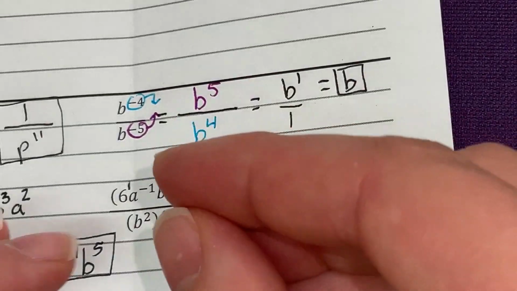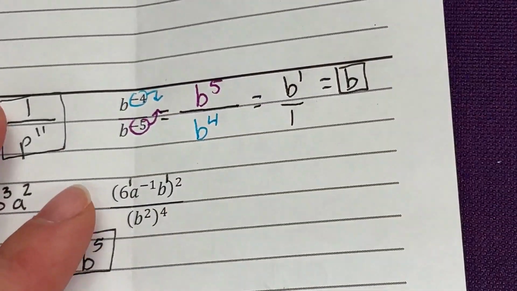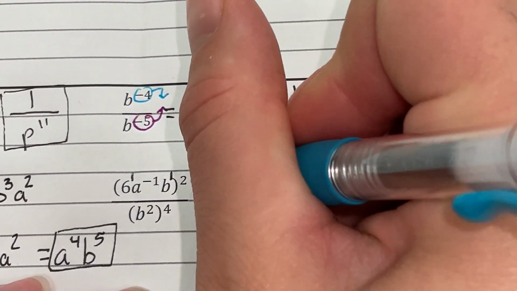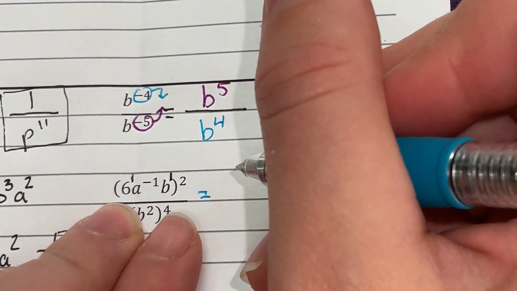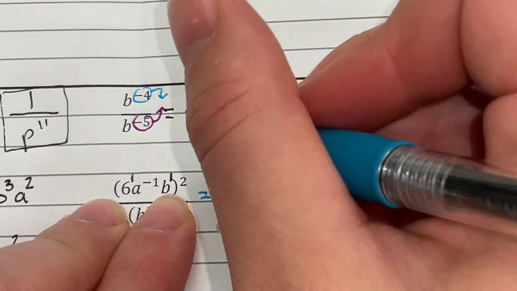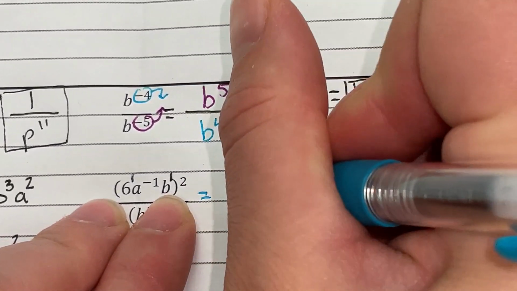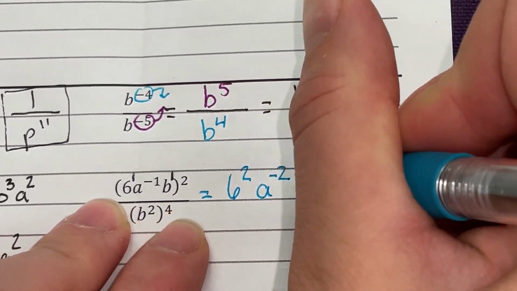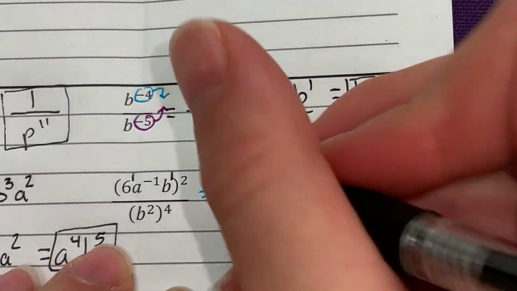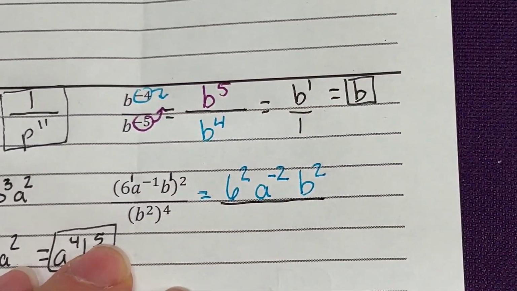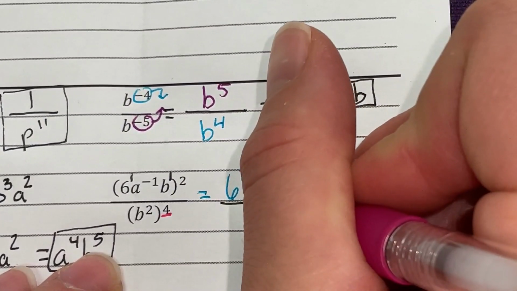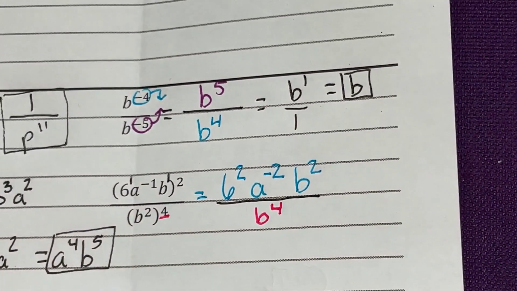Here, the negative's on the inside, so I have to distribute first before I continue. So I gave the 6 a 1 exponent and the b a 1 exponent, so it gives me 6 squared, a to the negative 2, b to the 2. And if I distribute on one side, I might as well distribute on the other. We'll distribute this out. This gives me b to the 4th. Okay?